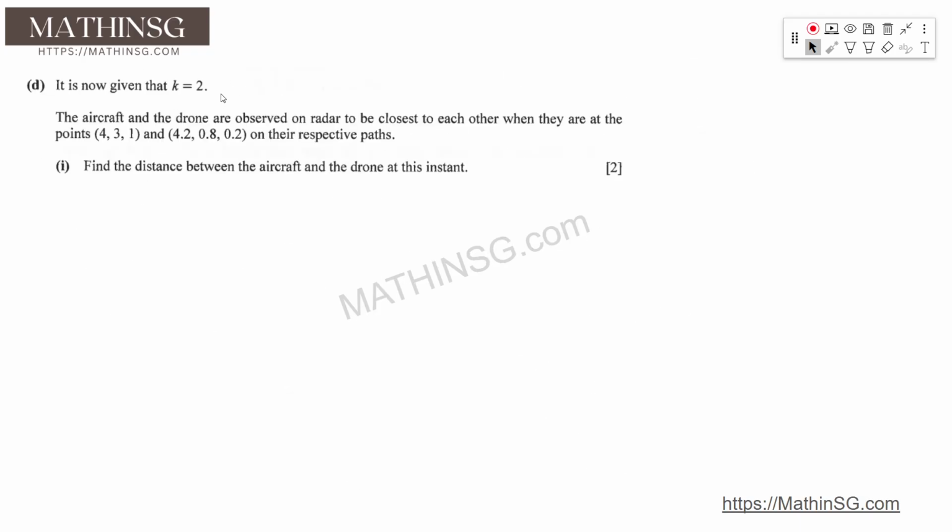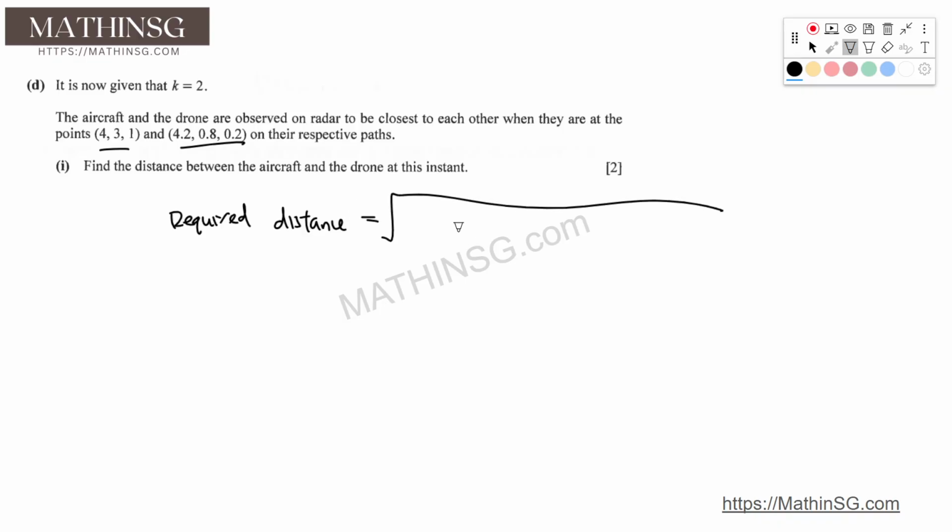Moving on to part D. It is now given that k equals 2. The aircraft and the drone are observed on radar to be closest to each other when they are at this point and this point on their respective paths. Find the distance between the aircraft and the drone at this instant. Basically it's just asking for the distance between these two points. So the required distance is the square root of (4.2 minus 4) squared plus (0.8 minus 3) squared plus (0.2 minus 1) squared.